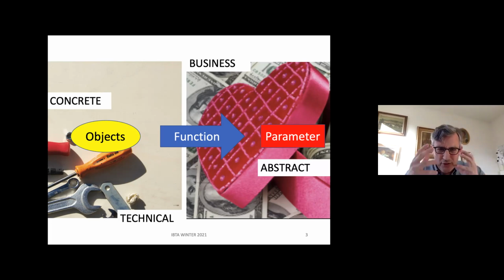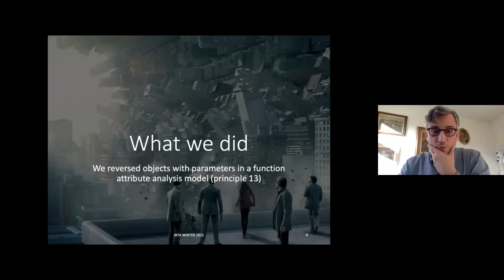So we proceeded with this thinking on how we can change the function modeling towards a parameter modeling, where we could do a bit the same as we did in technical TRIZ. And what we actually did was we simply reversed the object with parameters in a function model. So we applied principle 13 to make it more practical.